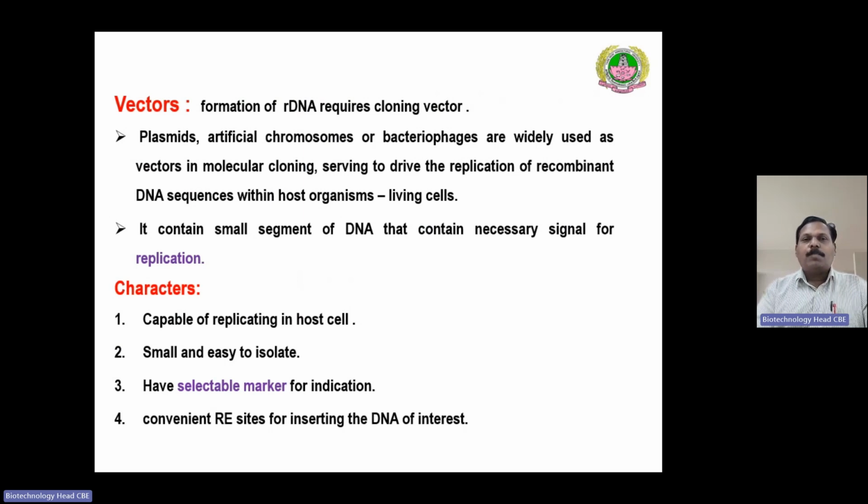And these vector systems should have the convenience of an array of restriction enzyme recognition sequences for inserting the DNA fragment. So that's what we have seen earlier as multiple cloning sites or polylinker sites, which have a choice of unique restriction cleavage sites.